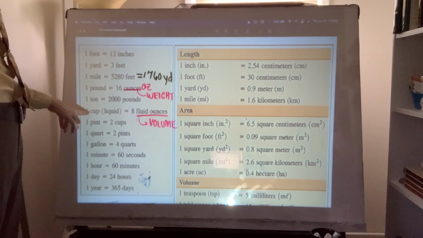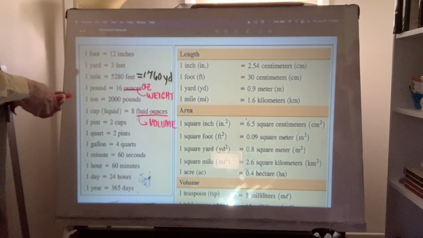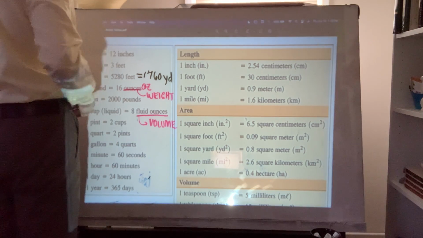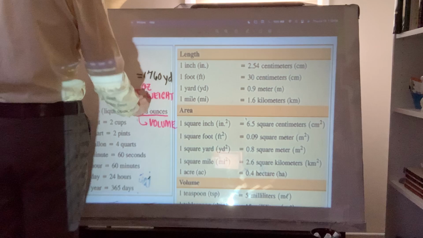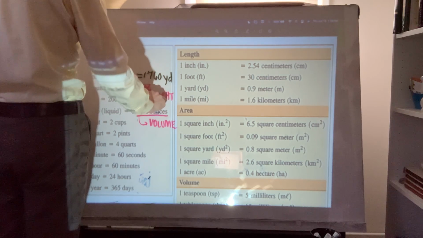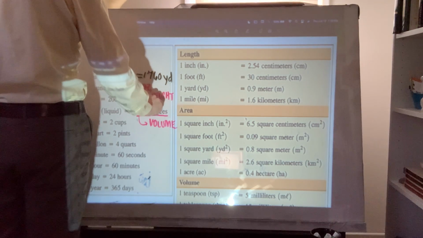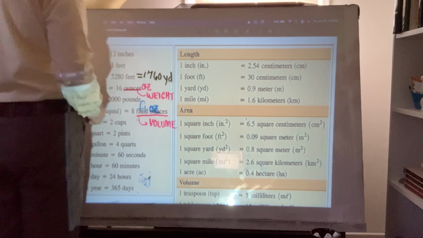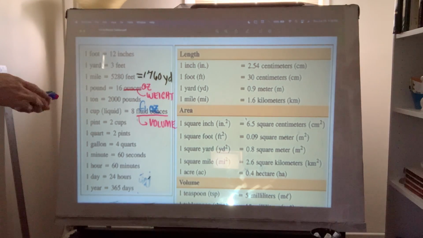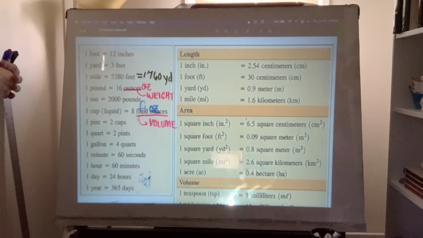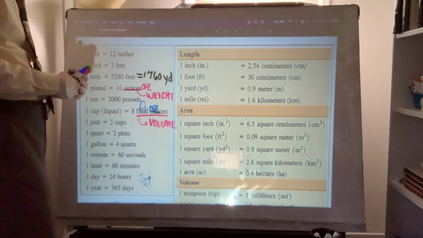All right. 1 cup is 8 fluid ounces, and a lot of times the abbreviation is simply FLOZ for fluid ounces. Why the Z in a word that doesn't have that? It comes from Latin, and perhaps it has been corrupted over the centuries.